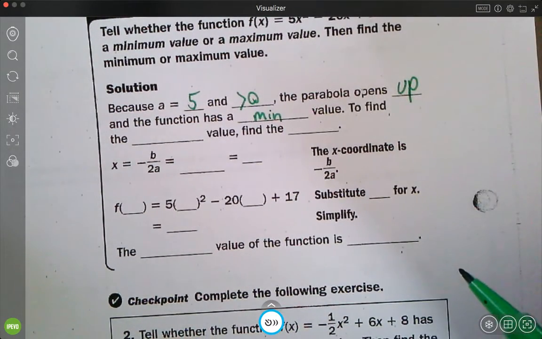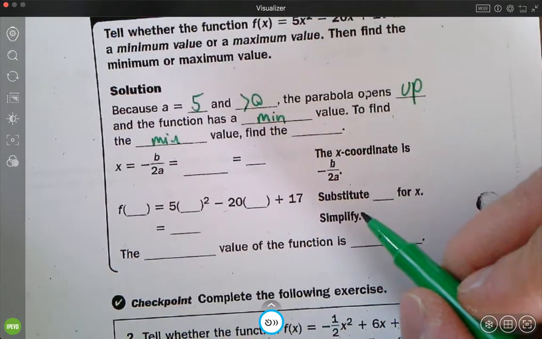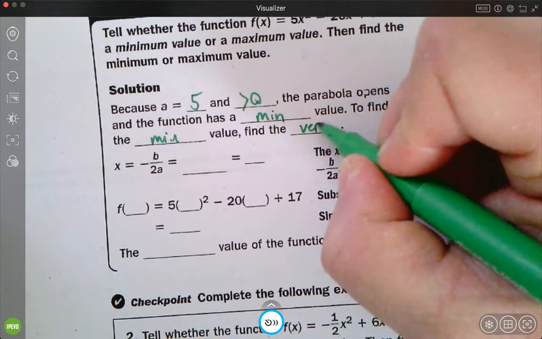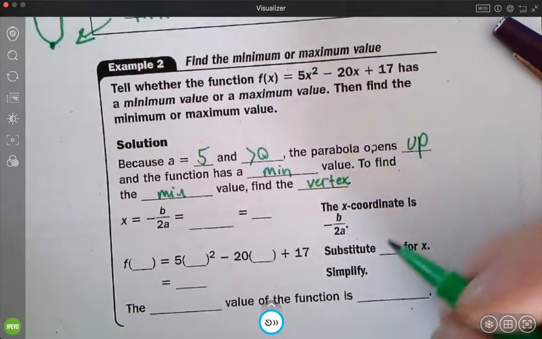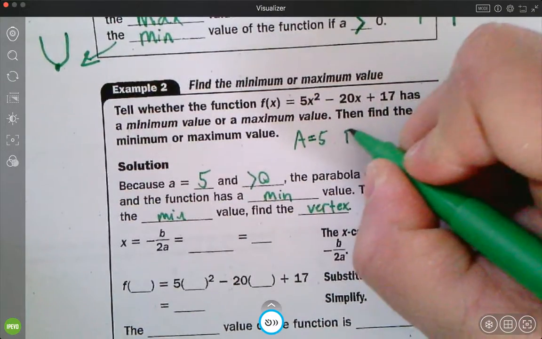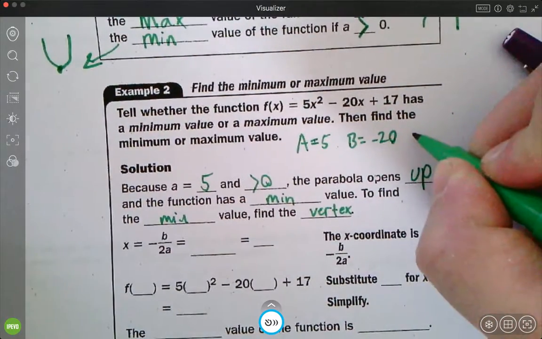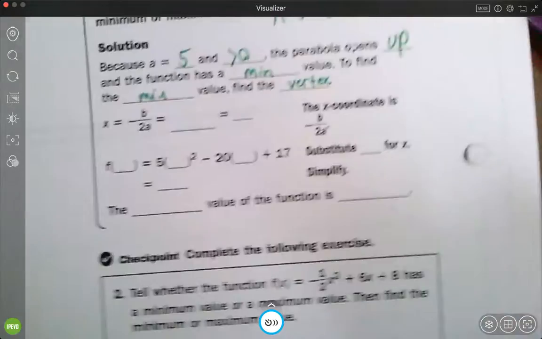So I know the function has a minimum value. To find the minimum, I'm going to find the vertex. So to find the vertex, we have to use that formula here. So I'll identify at the top my a, 5, my b, negative 20, and my y-intercept, my c, is 17. So here goes.